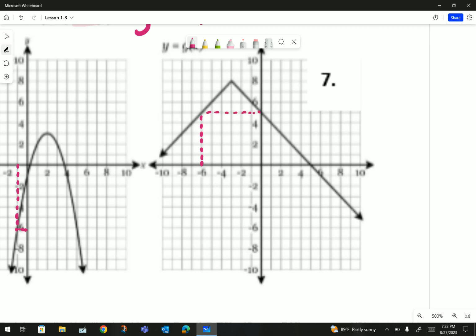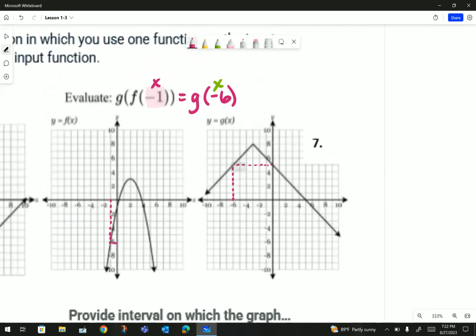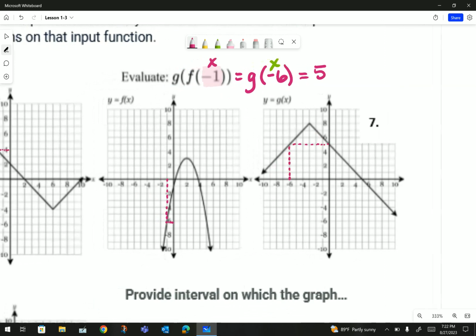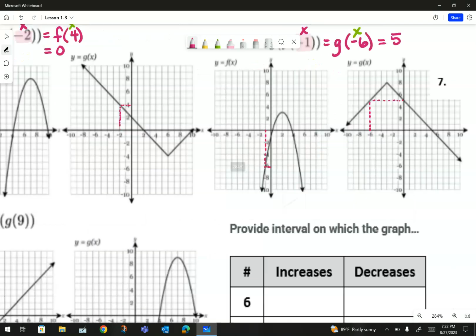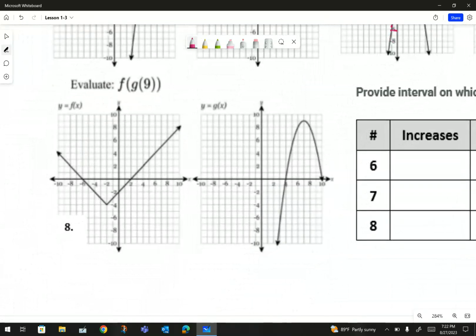Well, I had to go up 5 units. So g of -6 is 5. I hope you got that one right. And if you didn't, it's okay. As long as you're understanding from your mistakes, we're good. How about trying the next one? Pause again, and let's see if you can get this one as well.